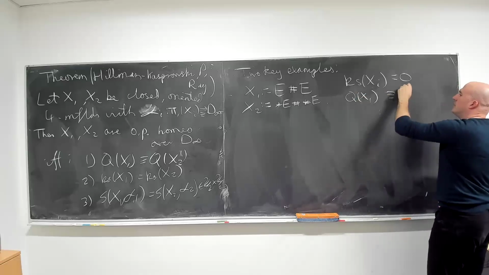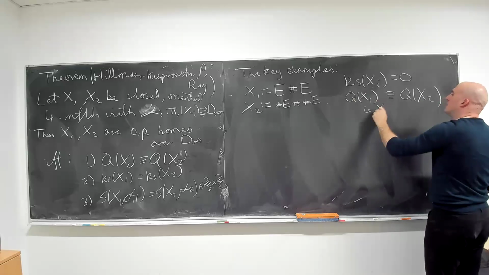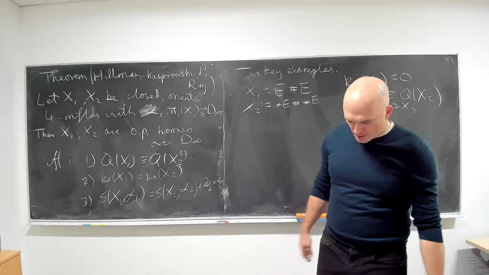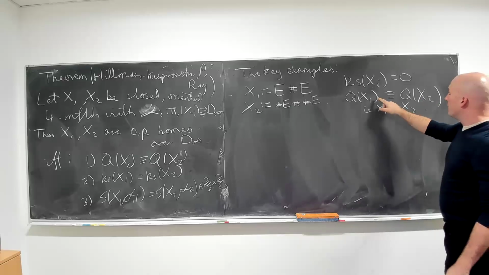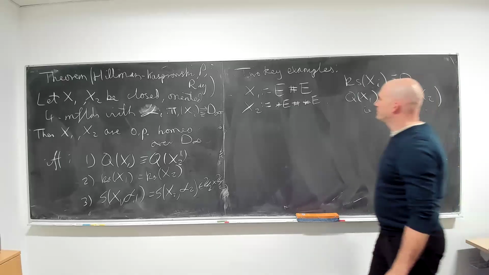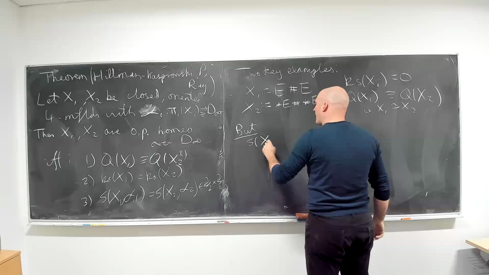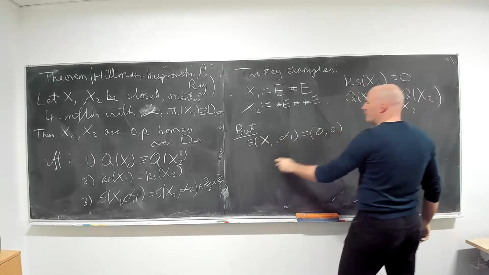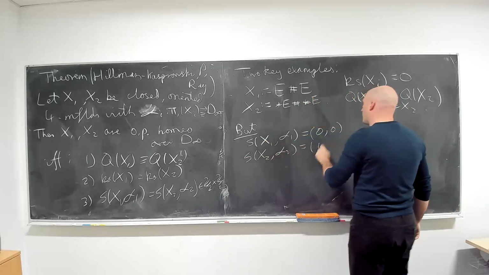So they've got isomorphic quadratic 2-types, but this S of x1, alpha 1 is 0, 0, and x goes to alpha 2 is 1, 1.